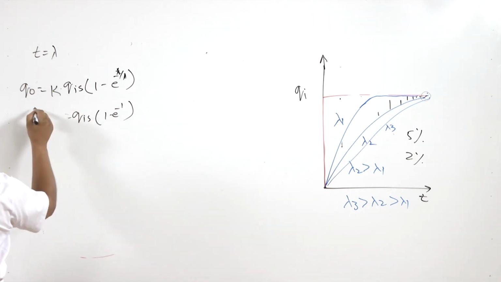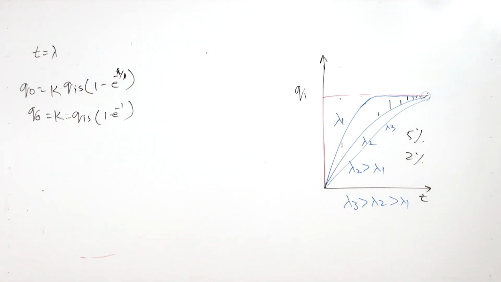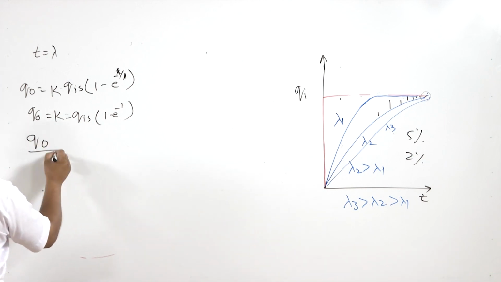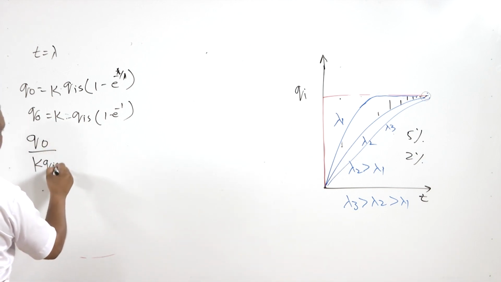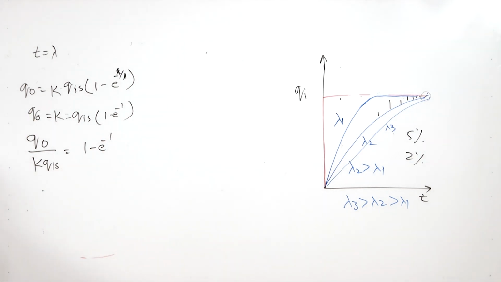Sensitivity also we have taken into account, Qo is equal to K Qis. Now, if we take Qo by K Qis, it is going to be 1 minus e raised to power minus 1. This value is a constant. It is 0.632.